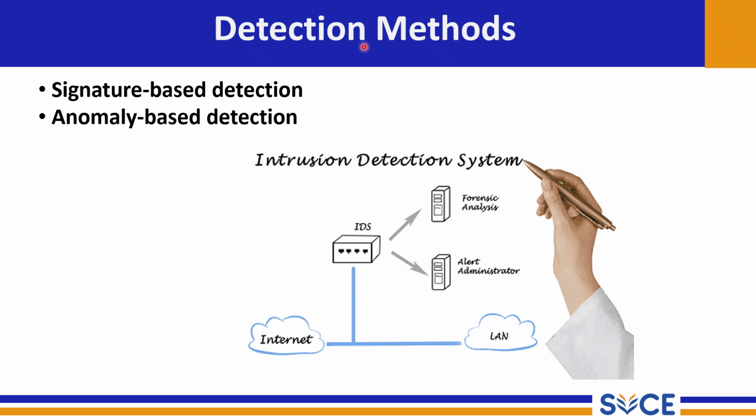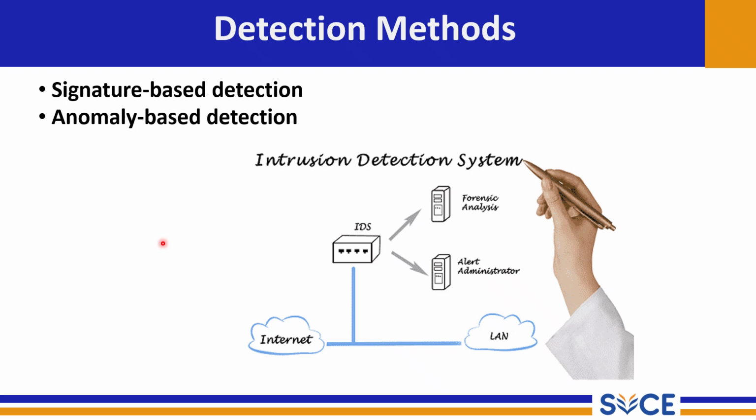And hybrid detection, as the name suggests, combines both signature-based and anomaly-based detection. This approach aims to leverage the strengths of both methods, offering a more comprehensive and effective approach to intrusion detection. By using signatures for known threats and anomaly detection for unknown threats, a hybrid system can minimize false positives and false negatives.